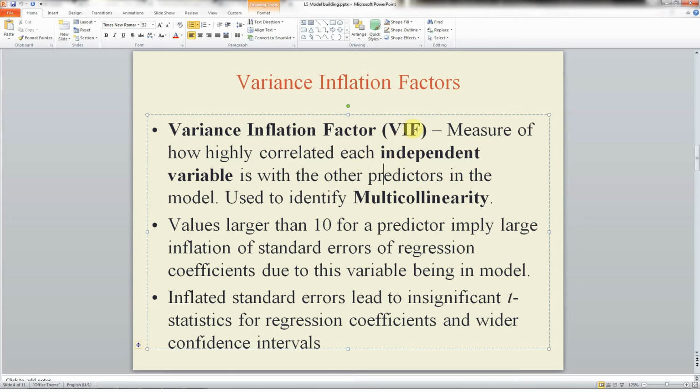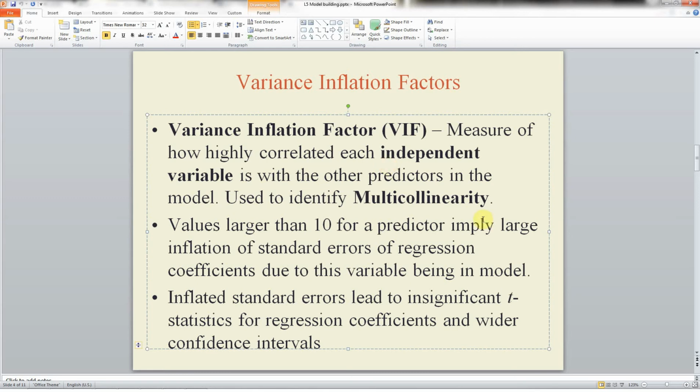It starts looking at how each independent variable can be predicted by the other independent variables. And if you have a significant fit, meaning a high R squared, then the VIF will be high. Literally, the VIF is kind of the inverse of the R squared when you fit the independent variable that you're looking at with all the other independent variables.